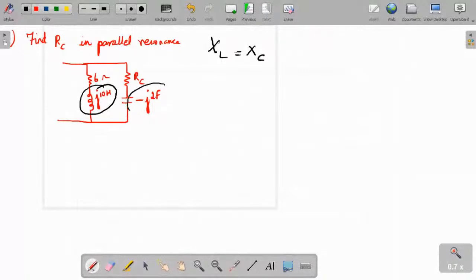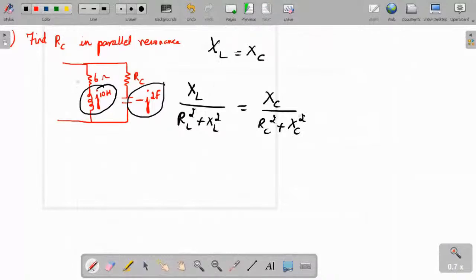Capacitance value வச்சு substitute பண்ணி find பண்ண வேண்டிய அவசியம் இல்லை. Okay, so it is parallel, right? So XL divided by RL square plus XL square will be equal to XC divided by RC square plus XC square.